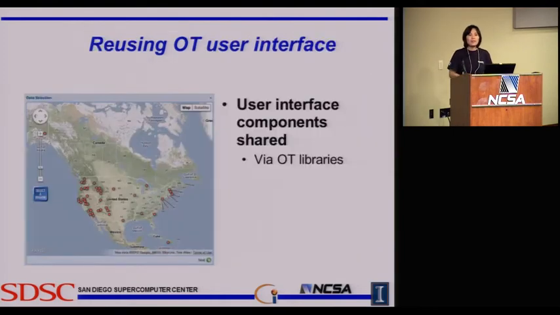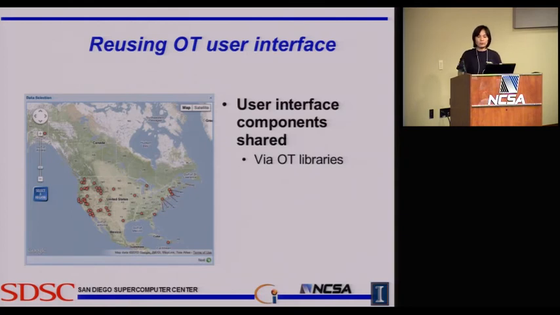The interface integration was carried out in 3 steps. The first step was to wrap the existing OT user interface so that it can be part of the CyberGIS Gateway. Initially, this task seemed challenging because the two science gateways use different web mapping APIs. The OT interface used the Google Maps API, and the CyberGIS Gateway used the OpenLayers API.